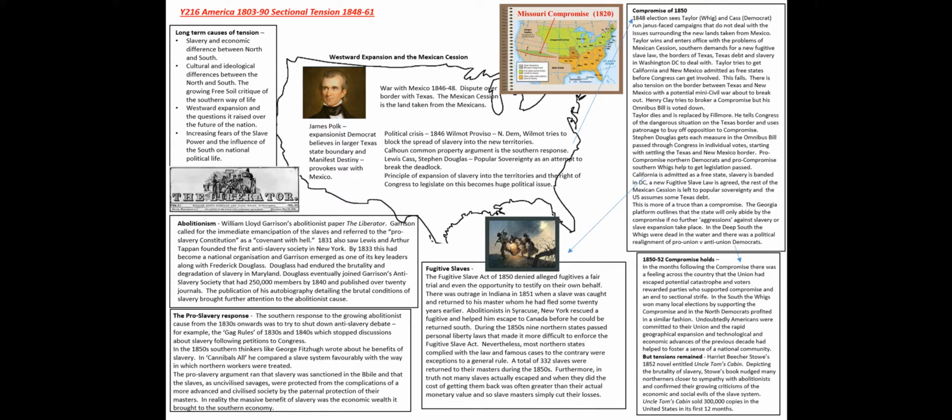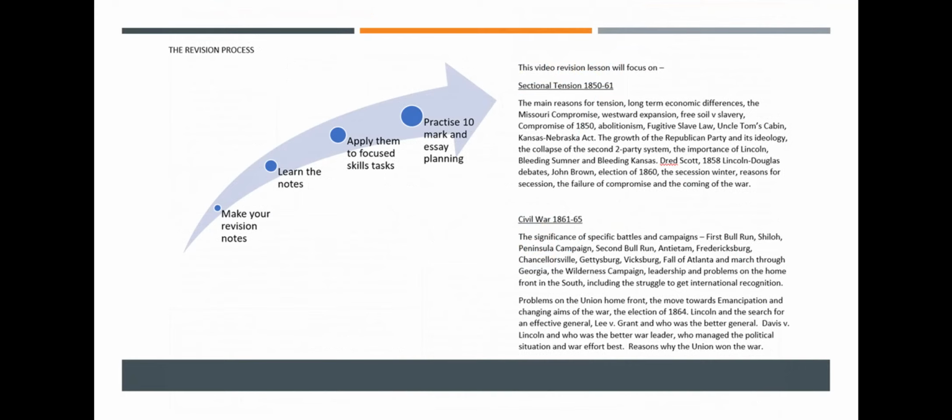What you need to do as part of your revision is you need to basically learn this information. Now, it's a bit forbidding, the information in this format, so you need to make your own revision notes, basing those revision notes around the key issues listed under the sectional tension 1850 to 61 heading here, and then you need to learn those notes.